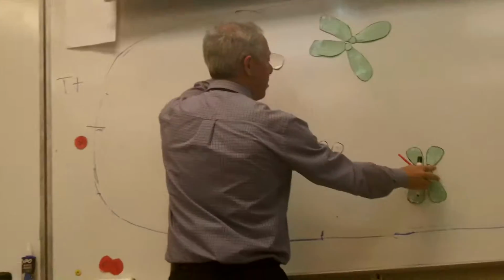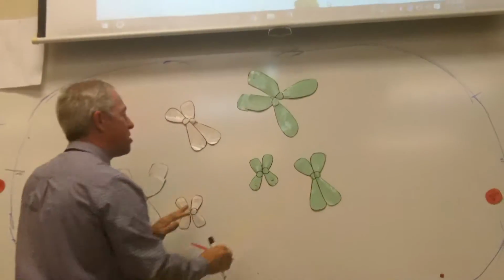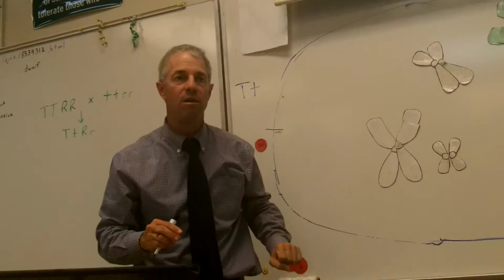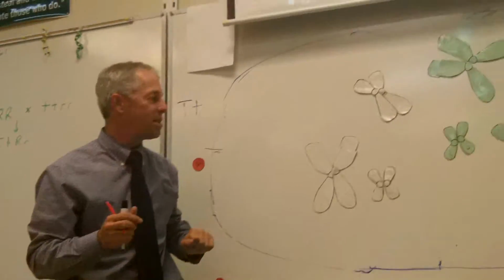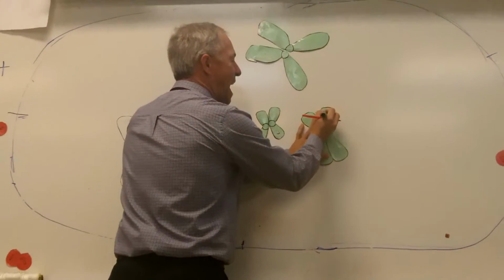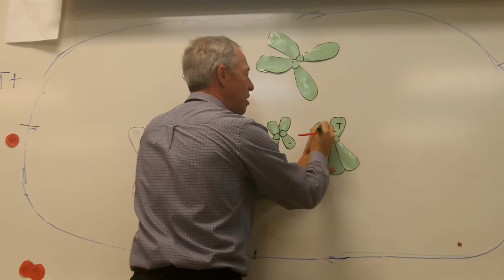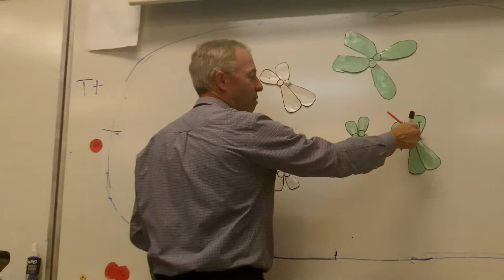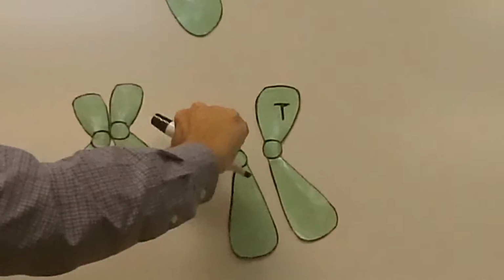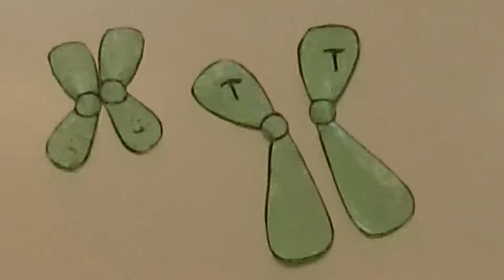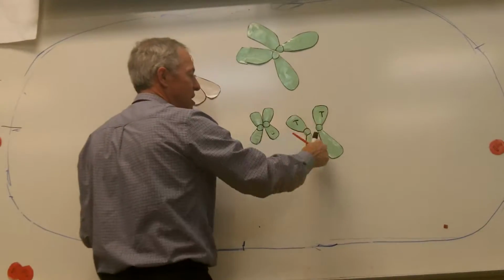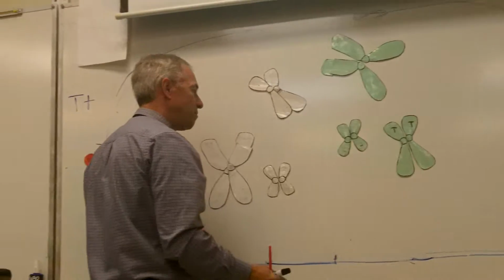Do y'all remember these sets of chromosomes? Remember there's one set from the dad and one set from the mom? Pay attention here, this isn't easy. Let's suppose that the dad gave a big T gene. And the reason why I put big T on this other one was because, do y'all remember that this and this are exact copies of one another that formed in S phase? Hannah, you with me? This and this are exact copies of one another.